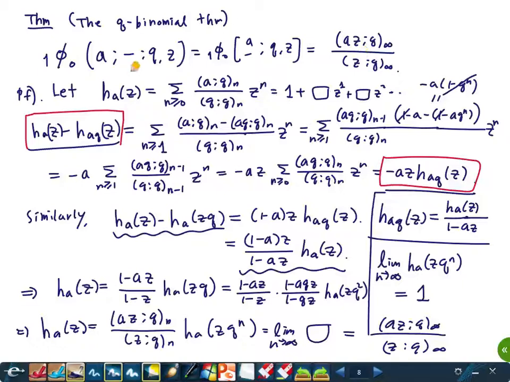It is also possible to prove this using combinatorics, using partitions. I wrote that down in the lecture notes, so if you are interested, you can read them. Any question?